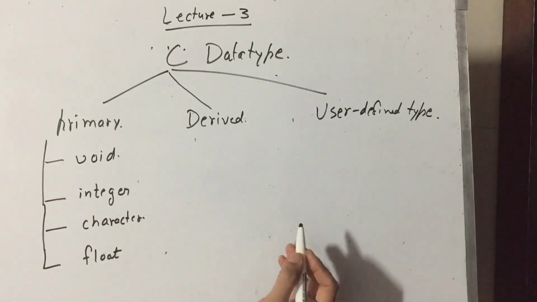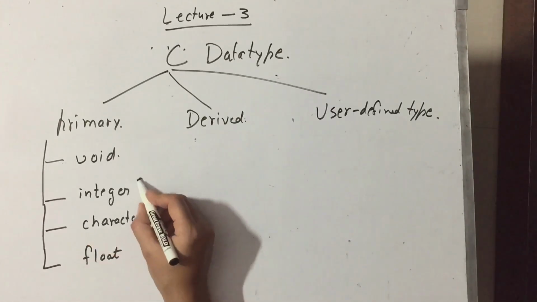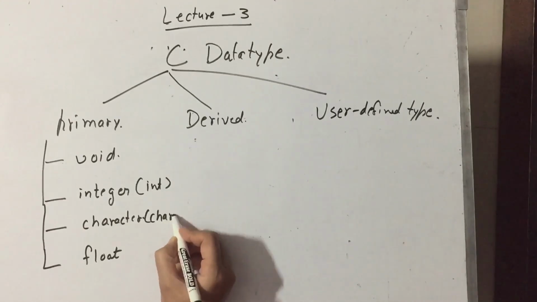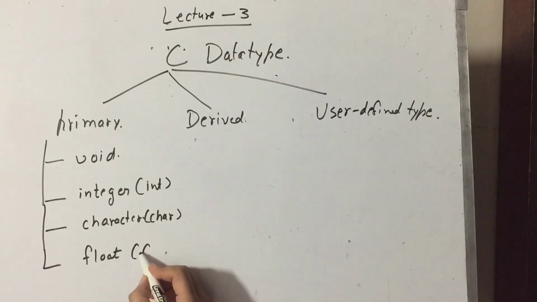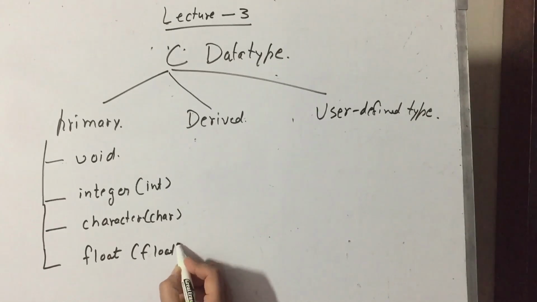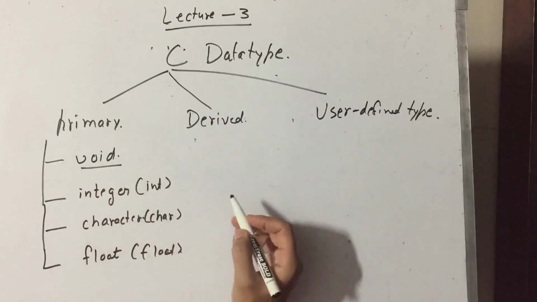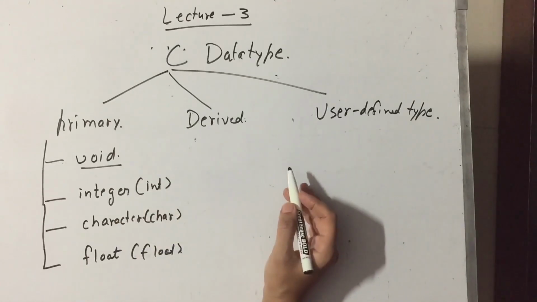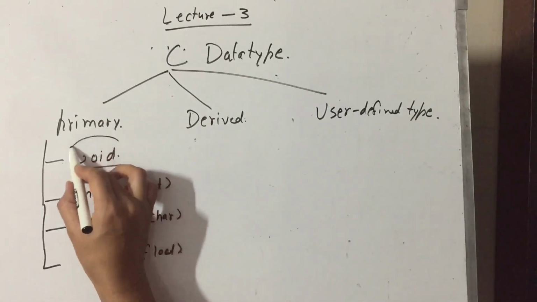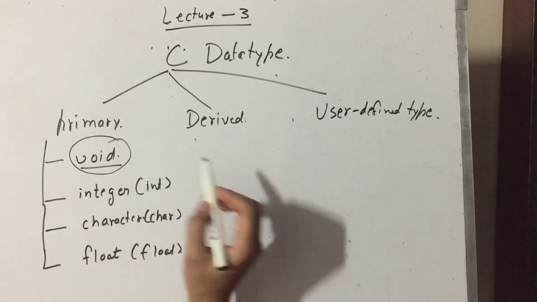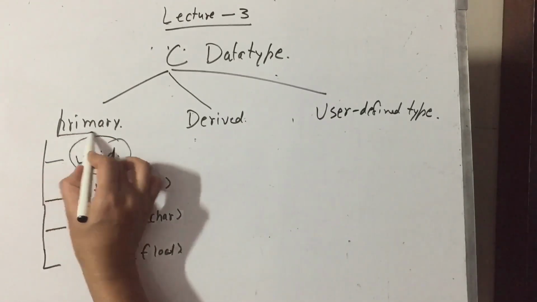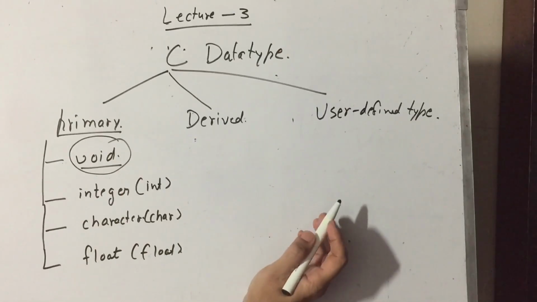The ones I just gave you as examples: int we write as int, character we write as char, for float you write float only, and void means it does not have any value contained in it. As we attend further lectures, you will learn the usage of void. These are the primary data types. Primary means basic data types which will be used in C.